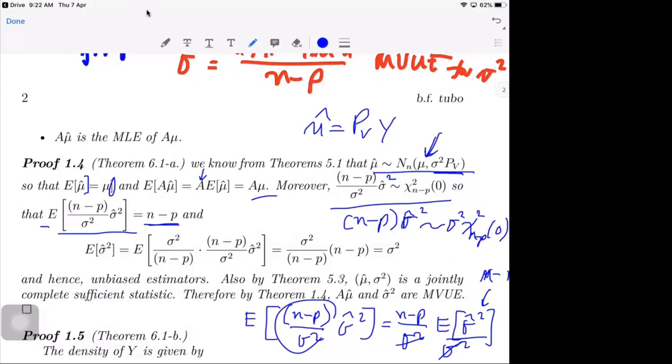So that if we manipulate this, just add these two and then get the expectation of this, which is equal to n minus p, and then you have sigma squared.